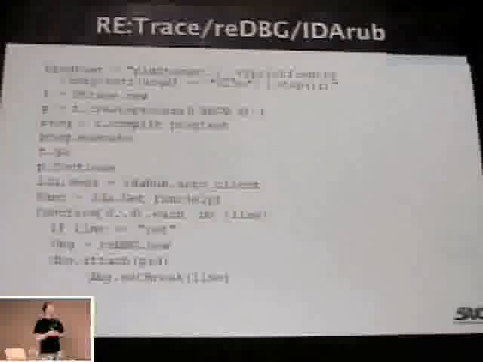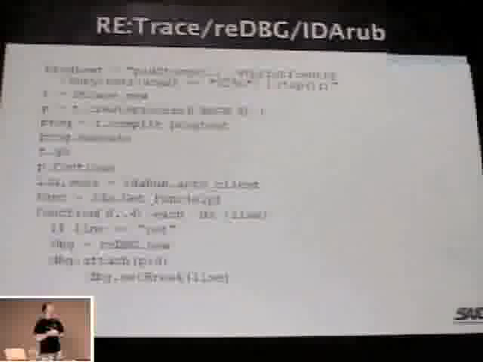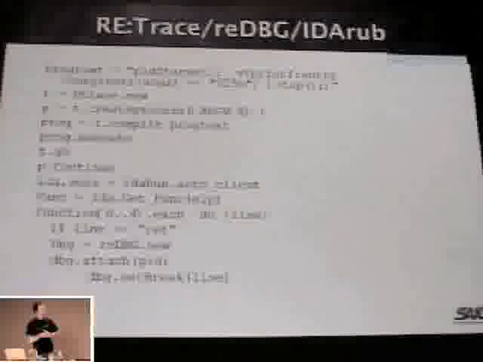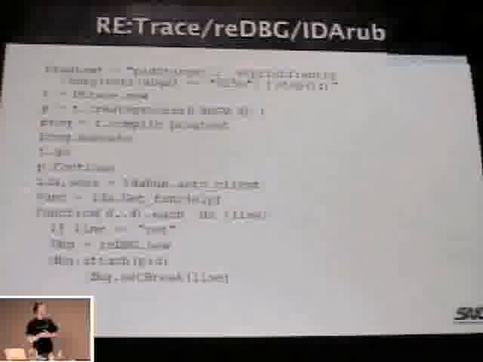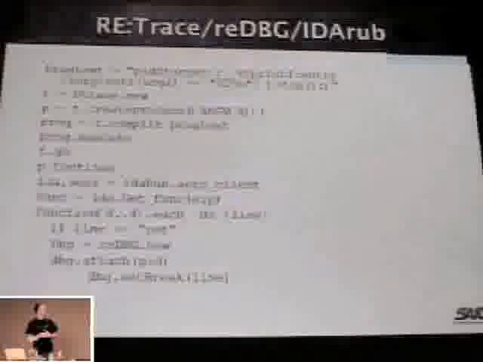First, we set up our Ruby DTrace script, and then we just attach to the process and run it. That gets us down to here. Once this hits this spot in memory, it's going to stop the application, so then we'll have control here. We can connect to our IDA Ruby, figure out where we are in memory, and then get the disassembly information, right?